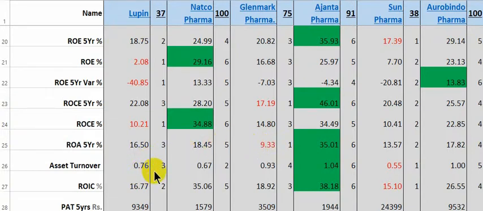In terms of turning its assets into sales, Ajanta has managed to have the highest turnover of its assets at 1.04 times its assets. The poorest of the lot was Sun Pharma, where the sales were 0.5 times its assets that it held. The highest return on invested capital was by Ajanta Pharma at 38%, and Sun Pharma did poorly at earning just 15% on its invested capital.